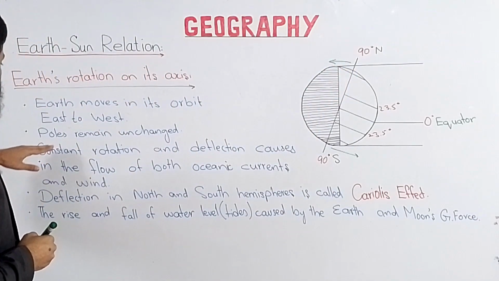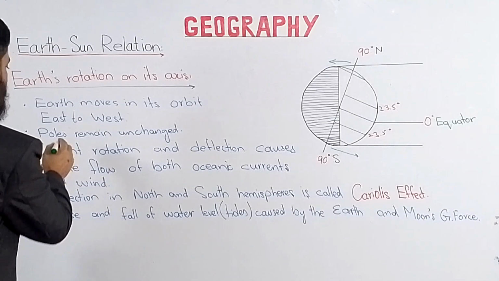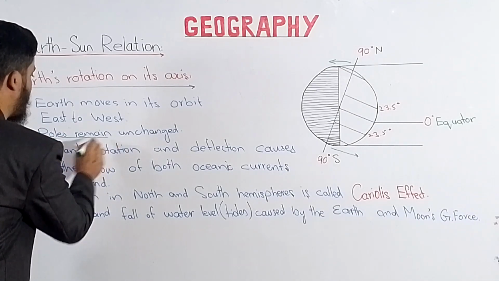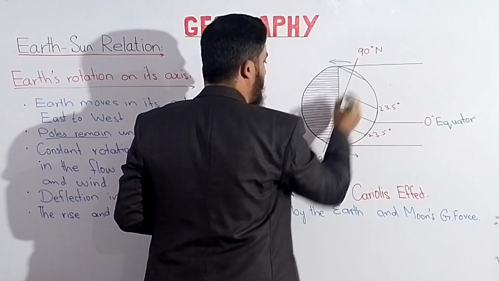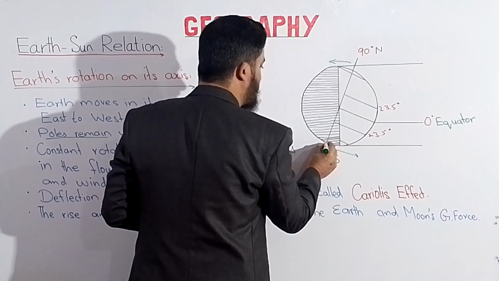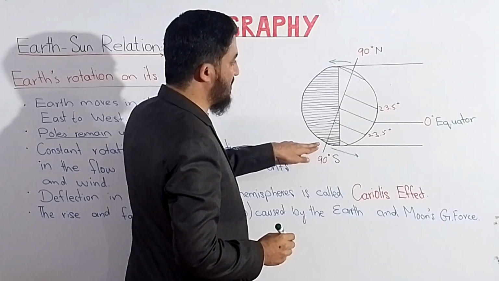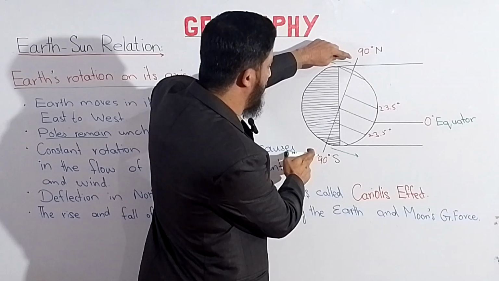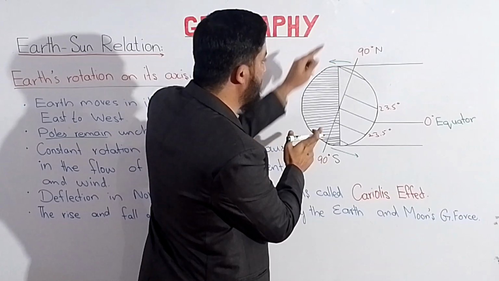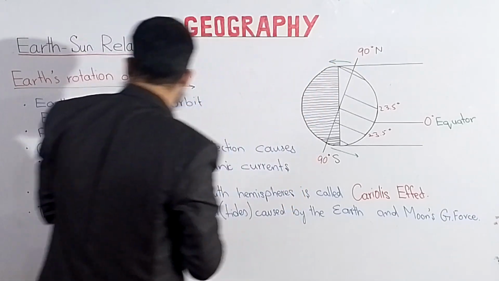And the whole earth is in constant motion except two regions, the north pole and the south pole. These two regions always remain in a constant position. लेकिन जमीन पूरी घूमती है except in two positions के जो north and south pole ये हमेशा constant ही रहते हैं.